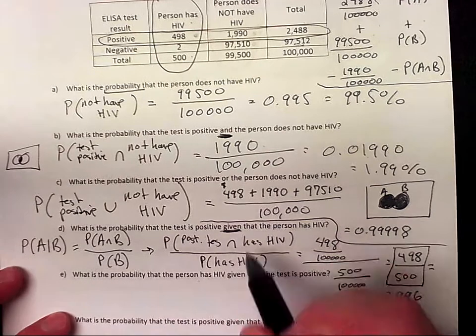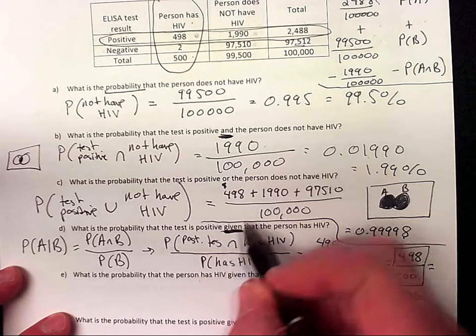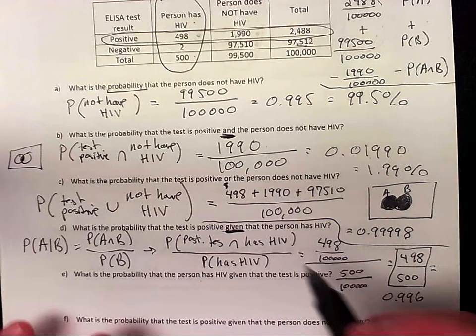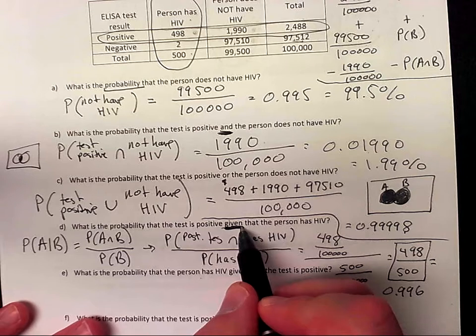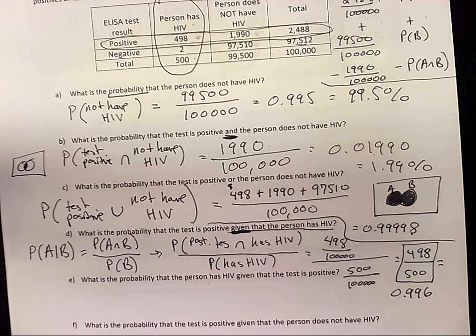Whenever we're doing conditional probability, and once again, we know that we're doing conditional probability whenever we see the word given, the easy thing to do is, whatever comes after given, so given that the person has HIV, you can let that become your entire world, right? And what I mean with that is this.